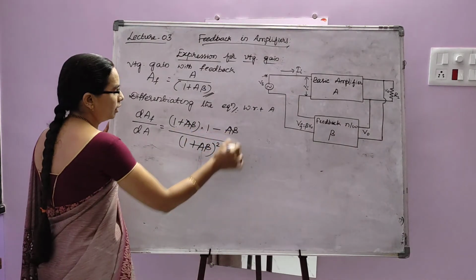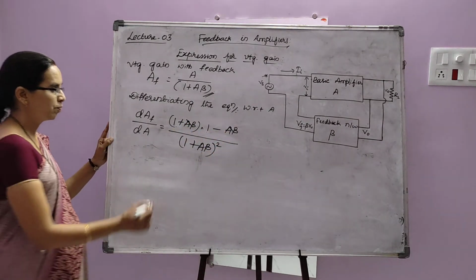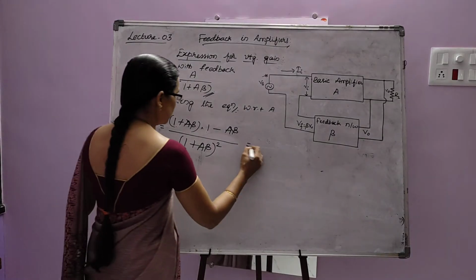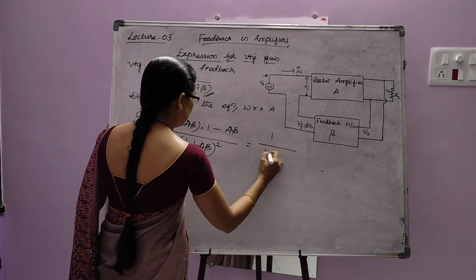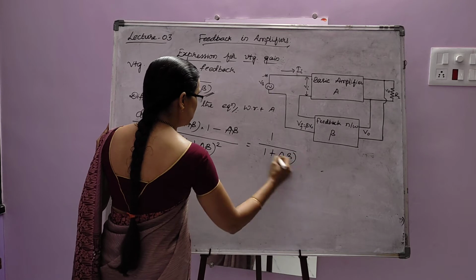Here A beta and A beta cancel. It will be 1 by 1 plus A beta whole square.